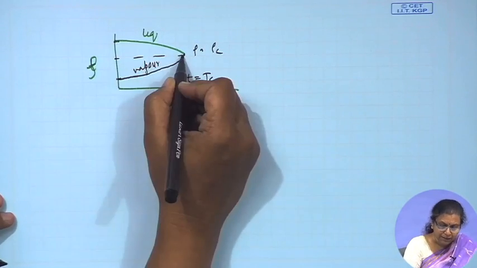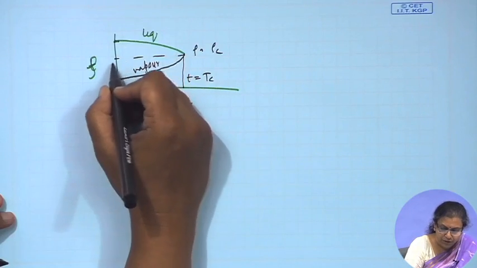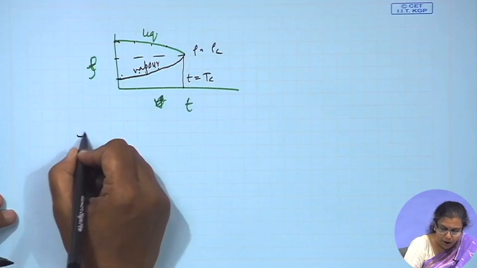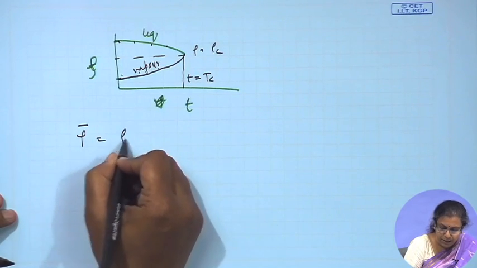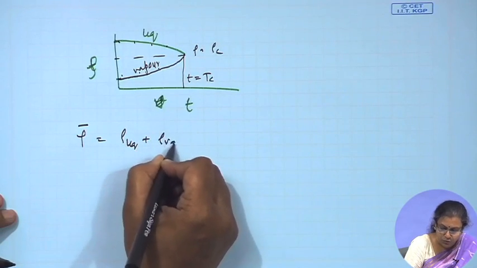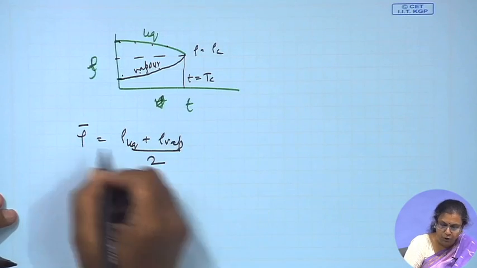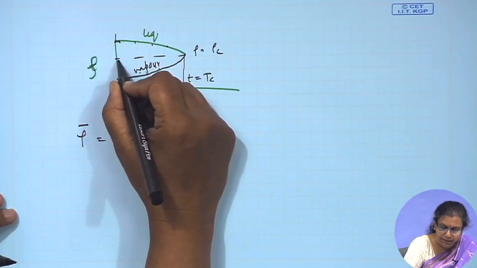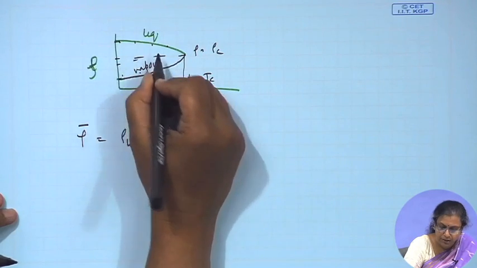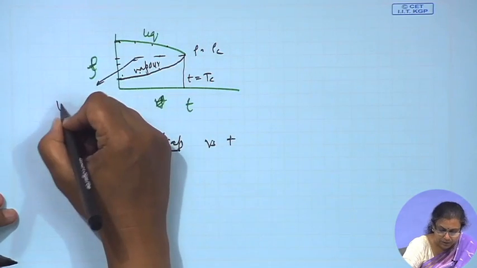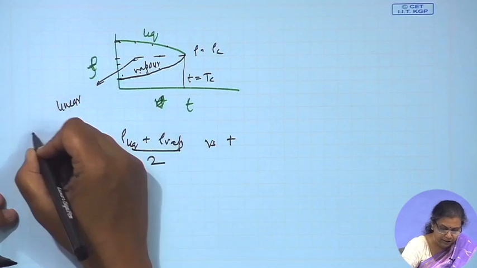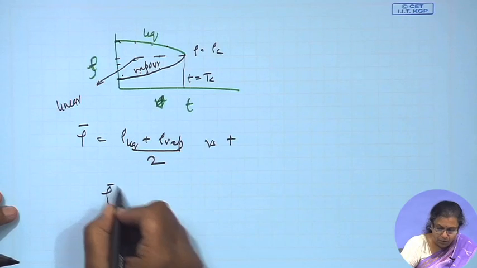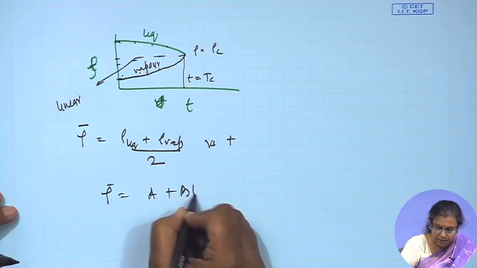So, therefore, here also we find that if we plot rho bar, which is nothing but (rho liquid plus rho vapor) by 2, versus temperature, then usually this curve is linear in nature, and the slope can be obtained as rho bar equals A plus Bt.